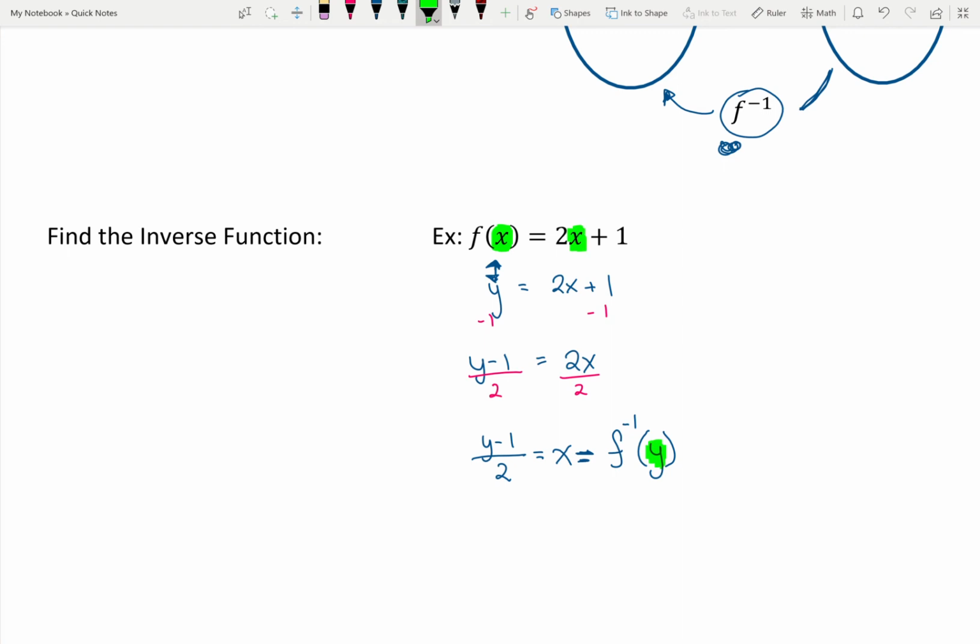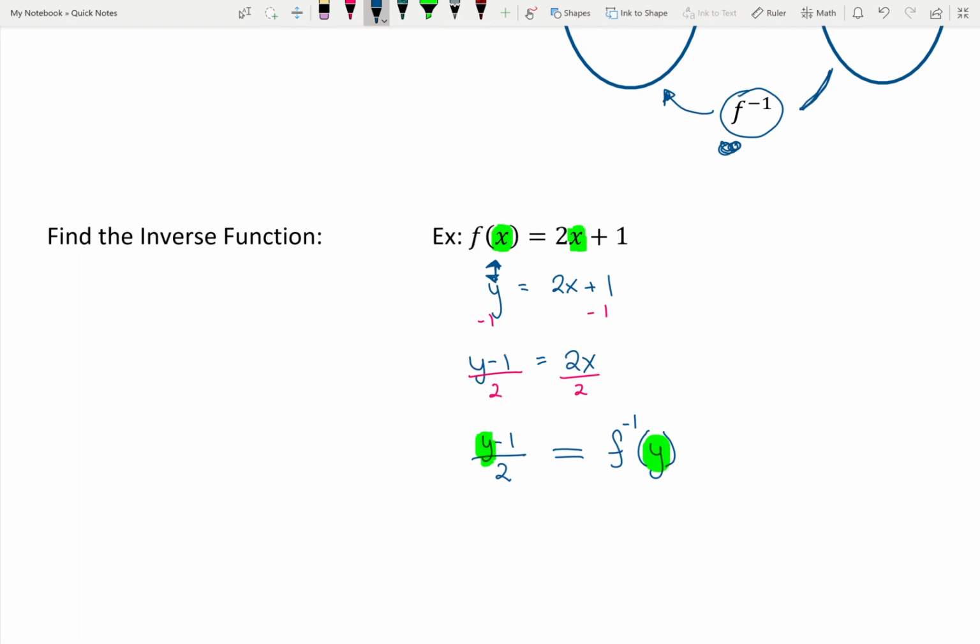If I remove this little x right here from the picture, and I just draw a giant equal sign, I have f inverse of y, and everything on the right-hand side has a variable of y in it. This is why it's f inverse of y and not f inverse of x.